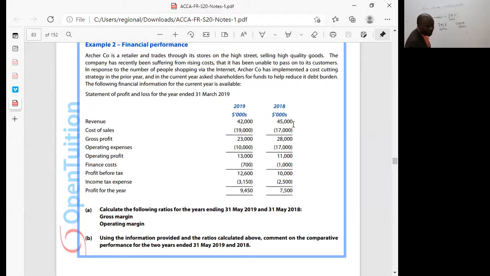The sales for 2018 is 45,000, and for 2019, sales is 42,000. Again, I would want to convert these to percentages.